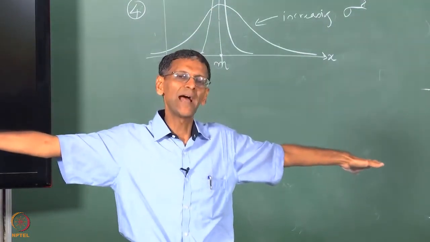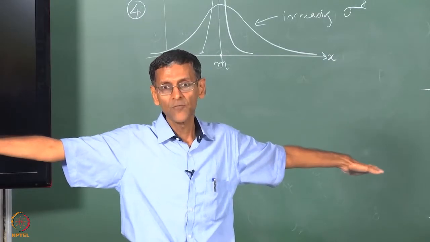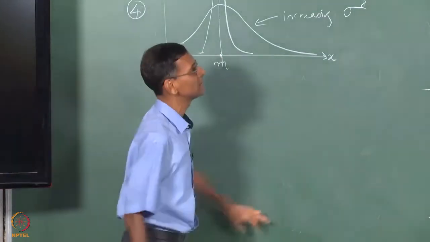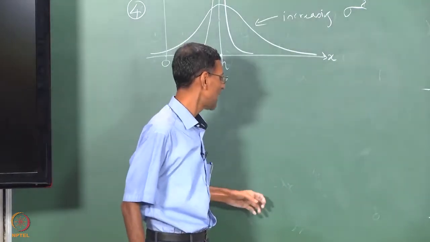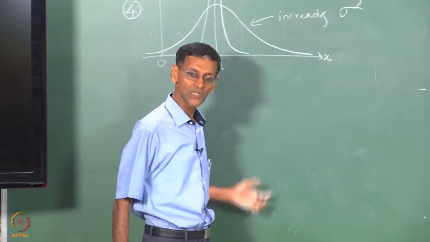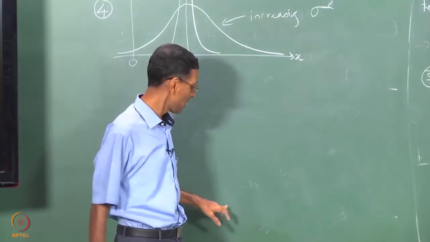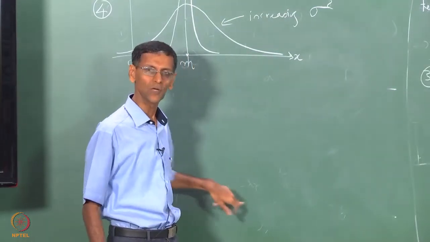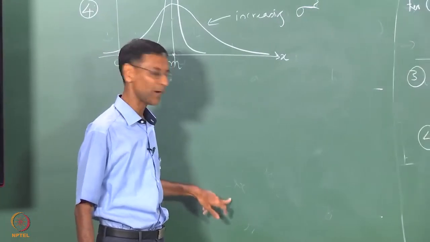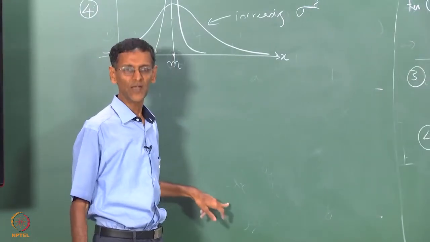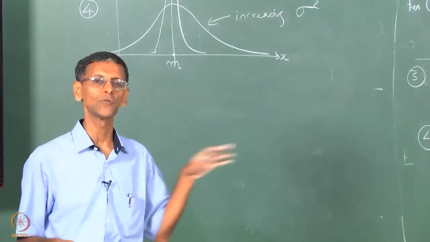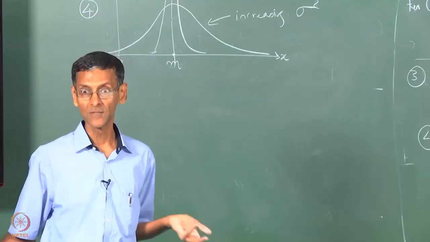The distribution has heavier tails for larger sigma. Similarly, for the exponential which I erased here, for large lambda it is concentrated around 0. For smaller lambda the decay is slower. Go back to your notes and make that point. For every PDF which depends on parameters, you should understand the effect of those parameters on the shape of the PDF.